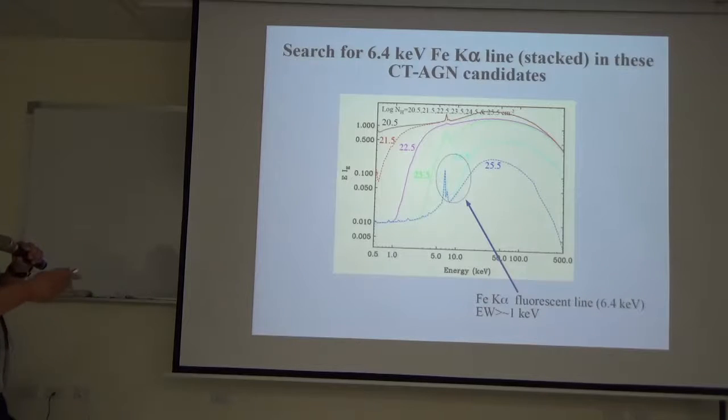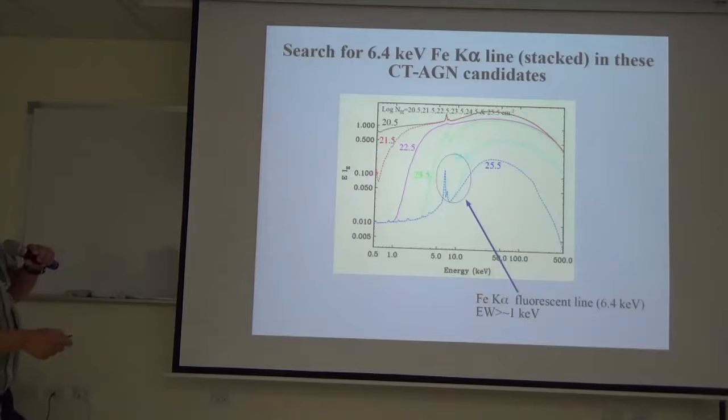For these Compton-thick candidates, one of the key properties of Compton-thick AGNs is a very strong equivalent width of the iron K alpha line at 6.4 keV. Of course there is iron in those sources, but the continuum is big, so the equivalent width is not that big.